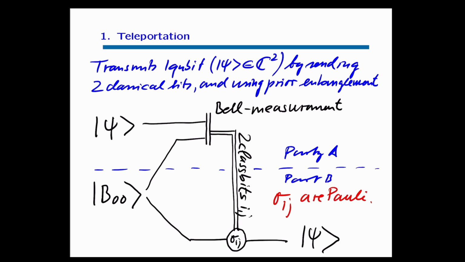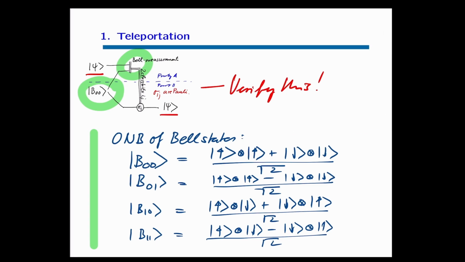And then the claim is the state that went in over here comes out over there on the other end. Okay, so that's the protocol. So you can transmit a quantum state without carrying it over. Good. And so that is what we want to talk about now.